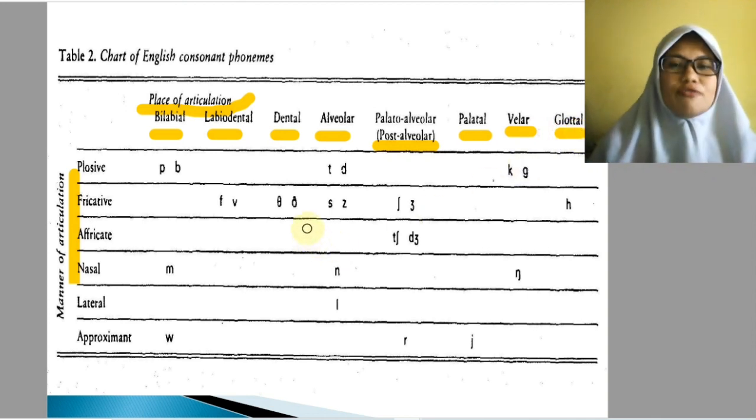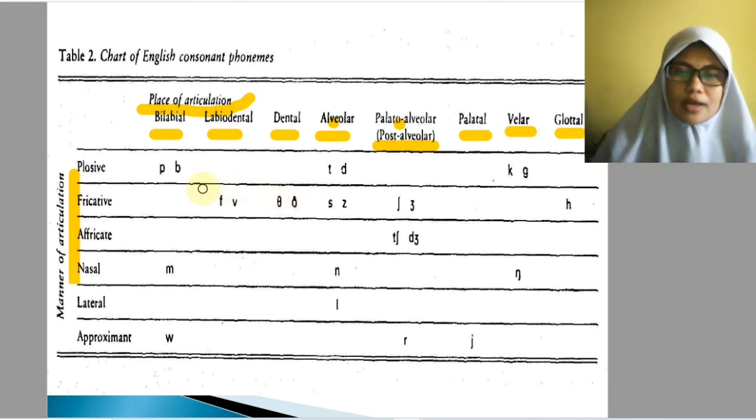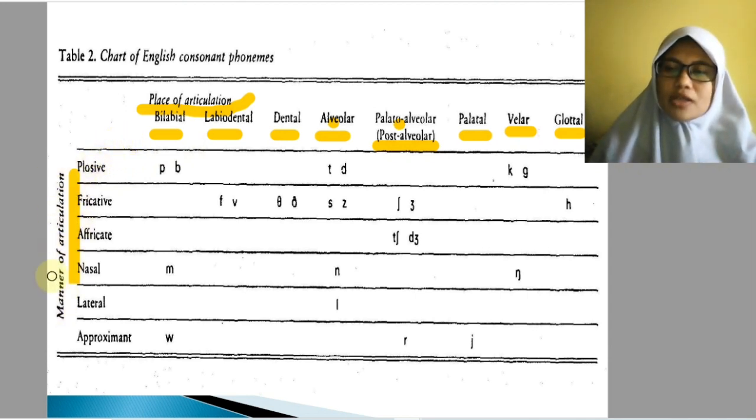So pay attention to each of the places of articulation. There are 8: 1, 2, 3, 4, 5, 6, 7, 8. So there are 8 places of articulation. And for manner of articulation, there are plosive, fricative, affricate, nasal, lateral, approximant.